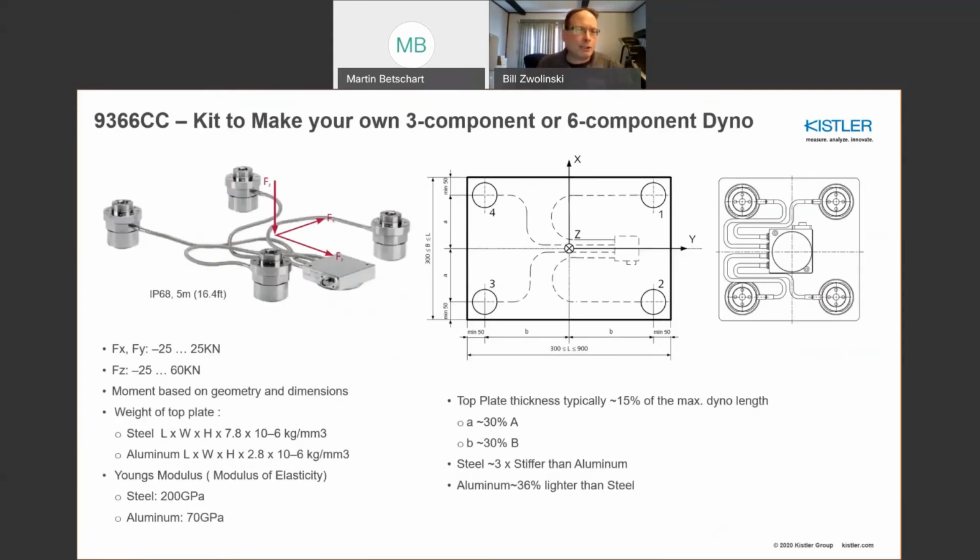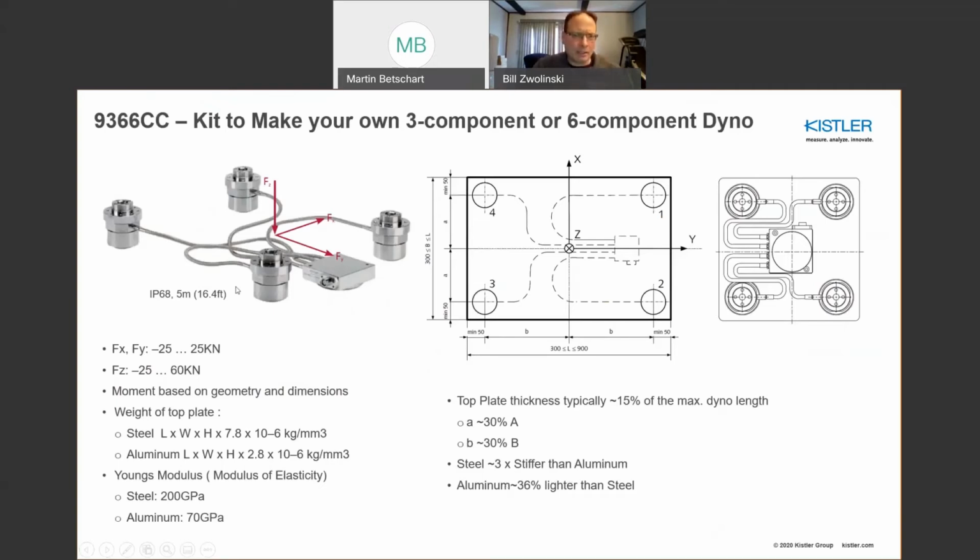Another one I want to mention is a kit that we provide that some customers use to save money and find more economical solutions. Obviously, when you make your own dyno, you have the ability to achieve what you need, at a price that's basically your value added.